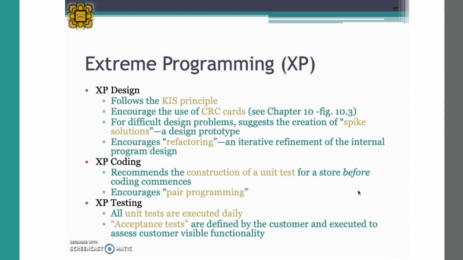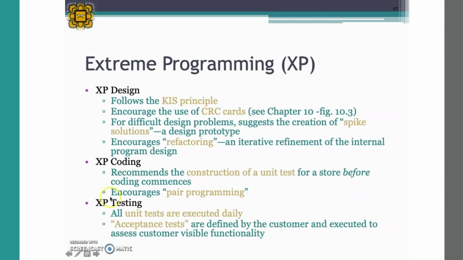The next stage is XP coding. So this is where the developers write the code, and they will construct a unit test for all the code that has been implemented.